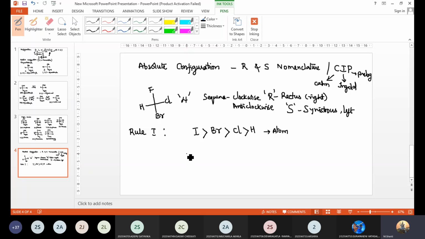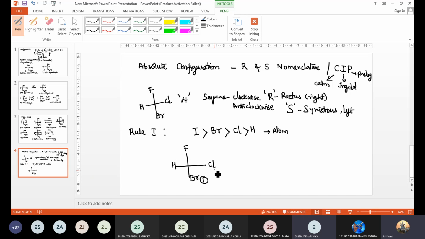We'll take the same example, but here fluorine is not mentioned in the order of priority. Among these four groups, hydrogen, fluorine, chlorine, bromine, which one should be given highest priority? Bromine, numbering 1. Next priority: is the atomic number of chlorine high or fluorine?